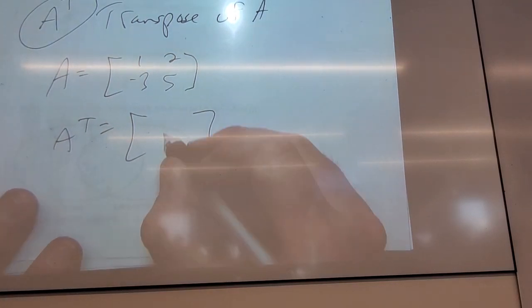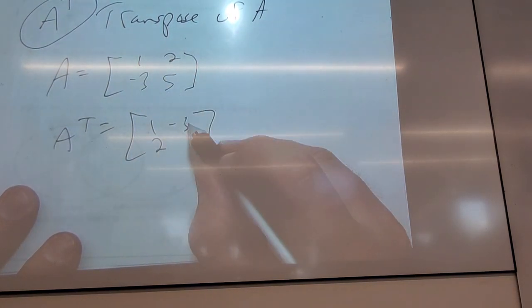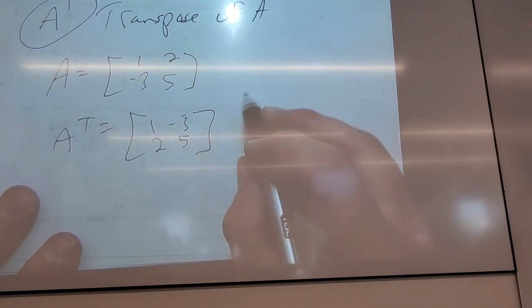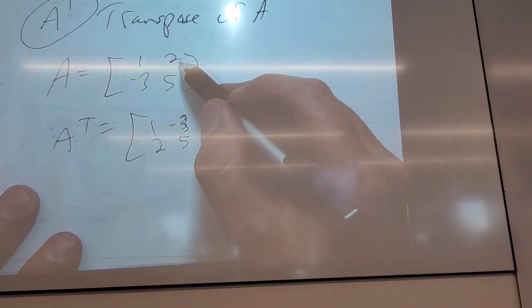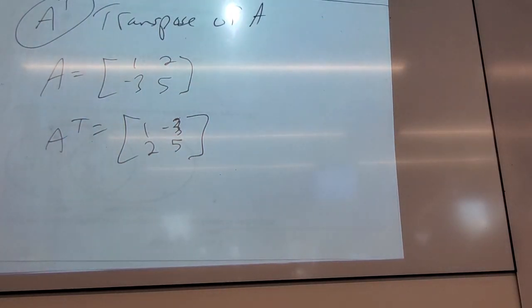Take the column and make it a row, or take the row and make it a column. It doesn't matter which way you do it. What's going to go here no matter what? 5. So take this and make it a column, or take this and make it a row. It doesn't matter what you do. Okay.